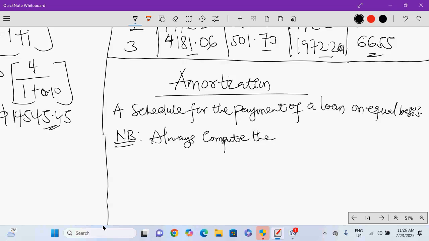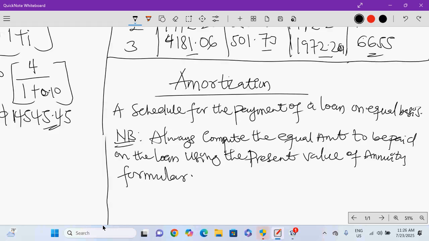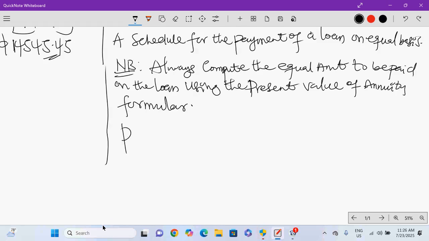Here, always compute the equal amount to be paid on the loan using the present value of annuity formula.